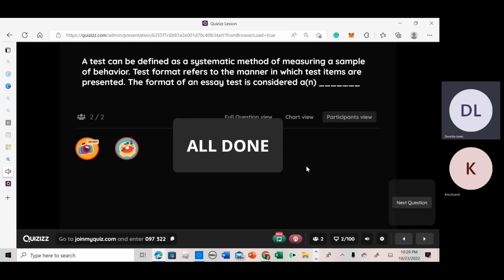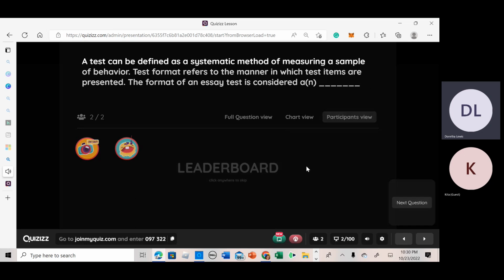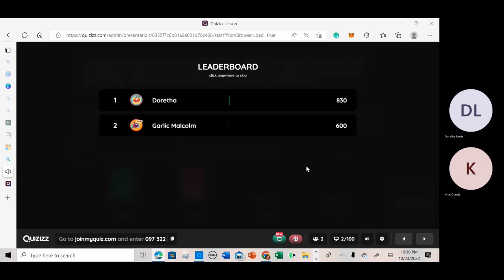A test can be defined as a systematic method of measuring a sample of behavior. The correct answer is A, subjective.